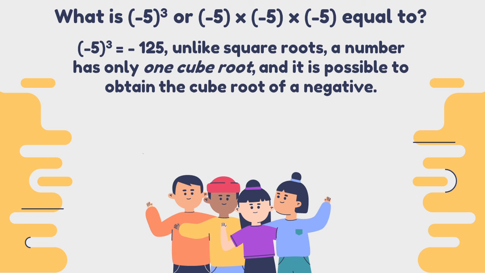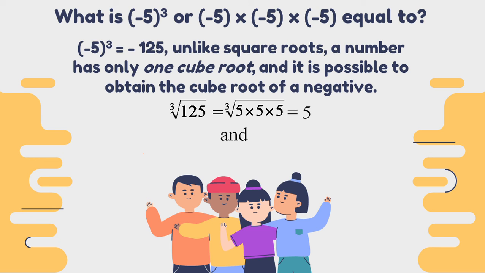Unlike square roots, a number has only one cube root, and it is possible to obtain the cube root of a negative number. So the cube root of 125, you can write as the cube root of 5 times 5 times 5, and it equals 5.